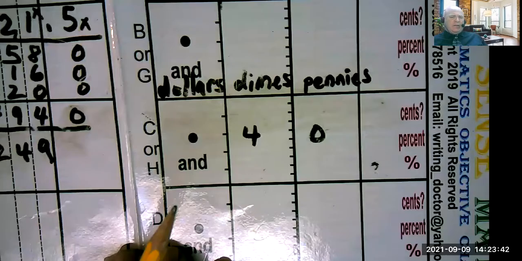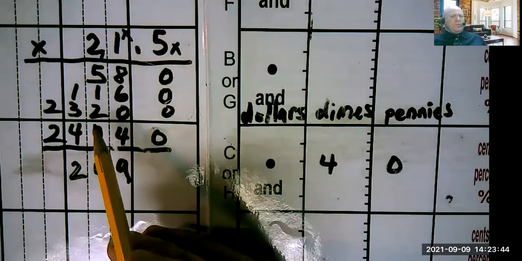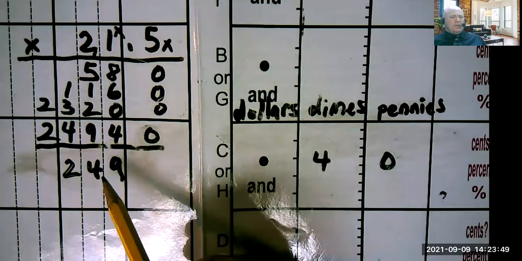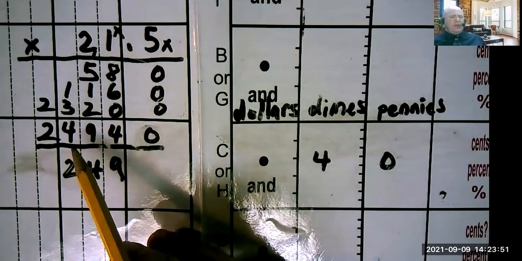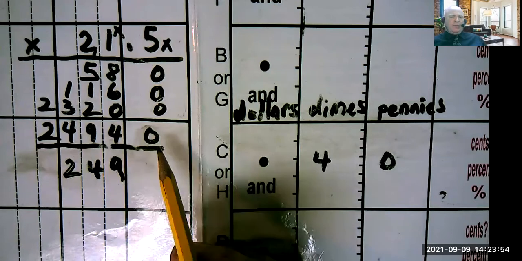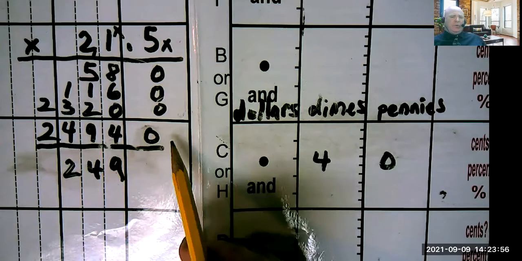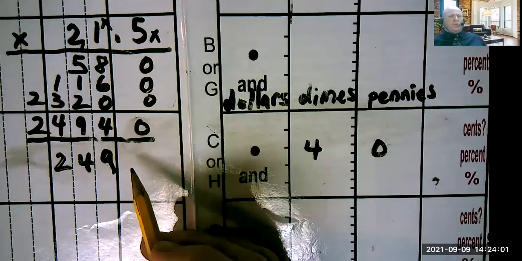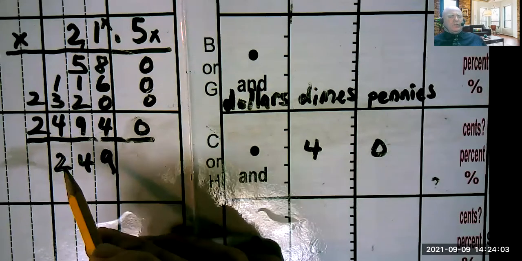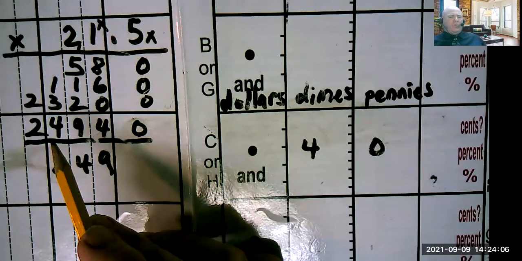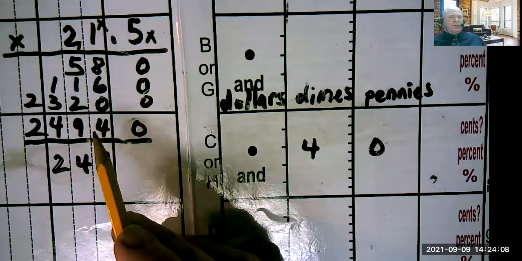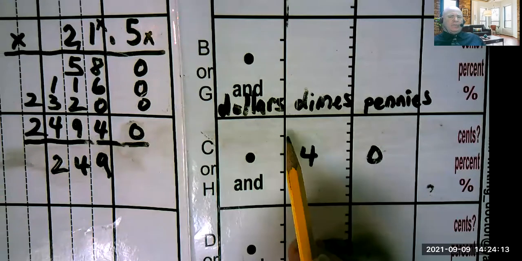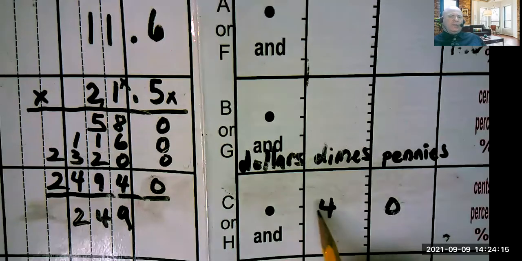But I want to show you something that will help your kids understand the concept of this. The first answer is 24,940 if you're talking about pennies. If you move the decimal one place, it would be 2,494 if you're talking about dimes, what we'll call the tenths place.